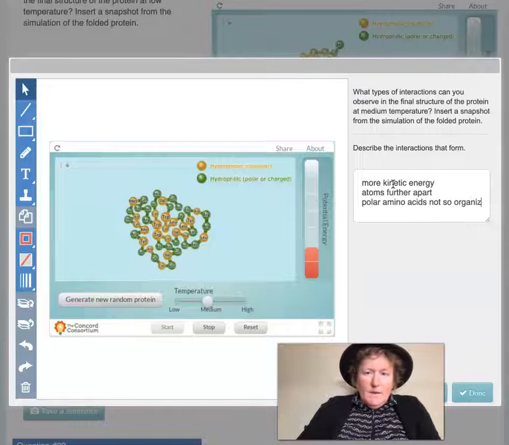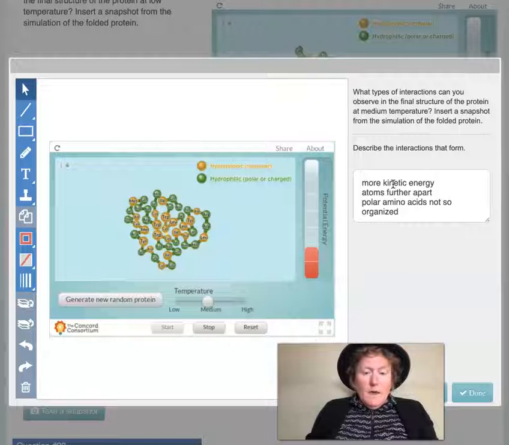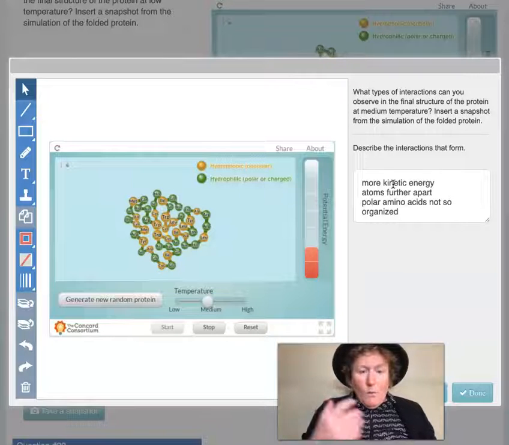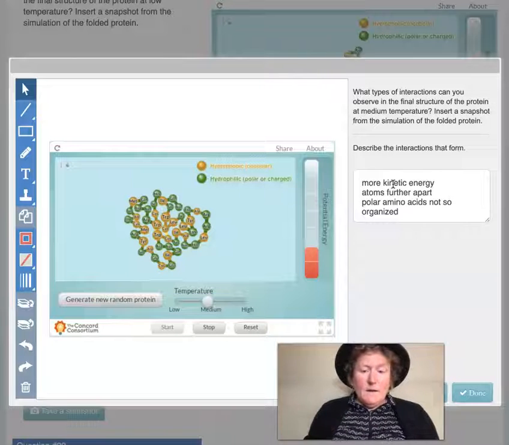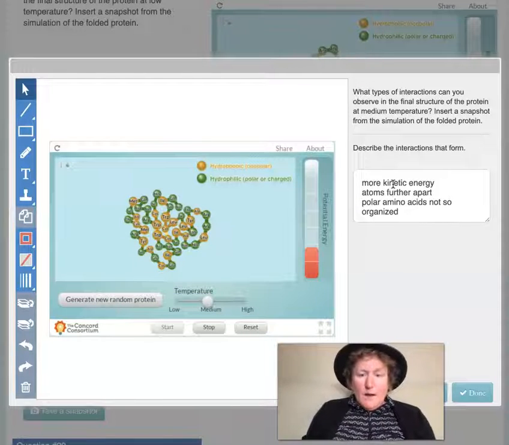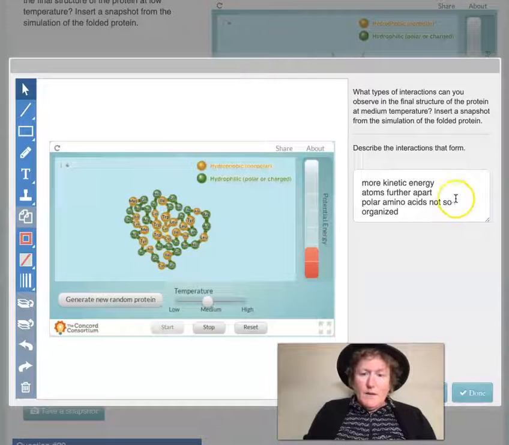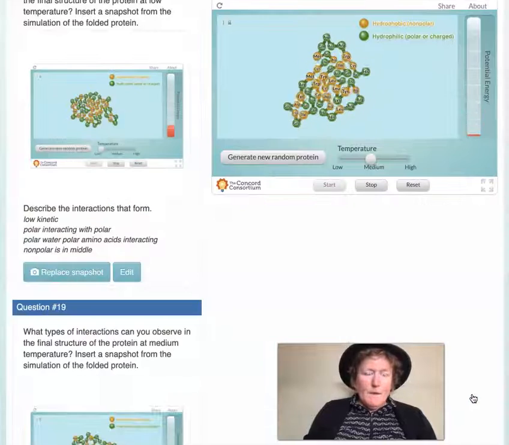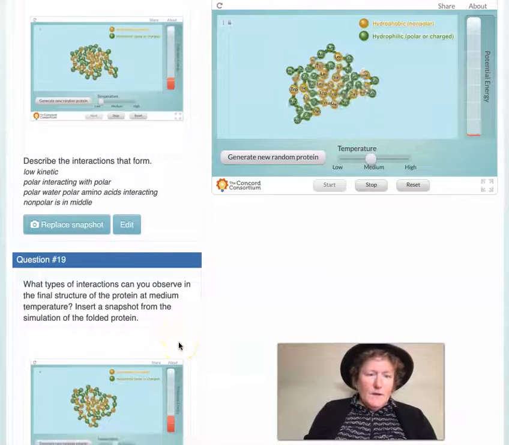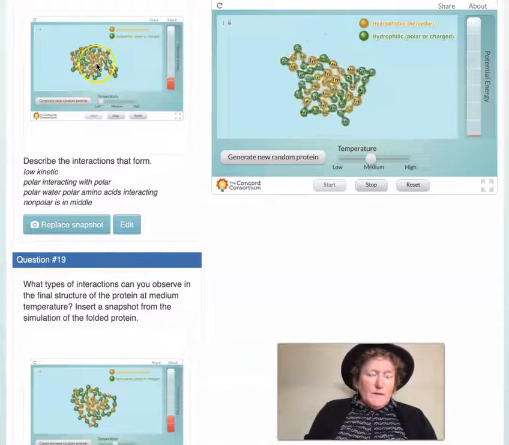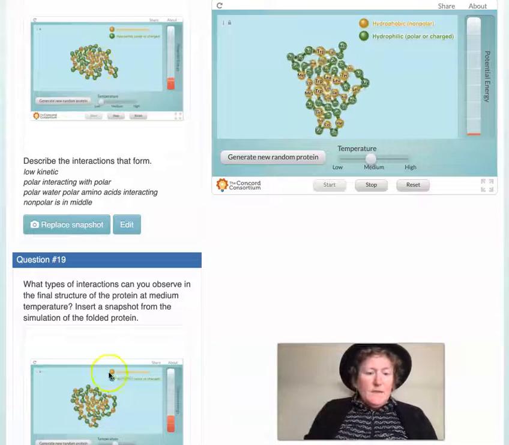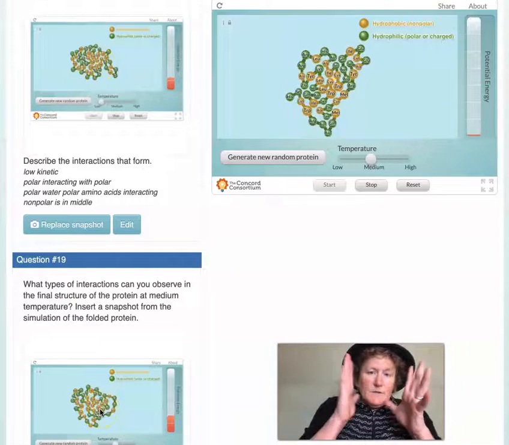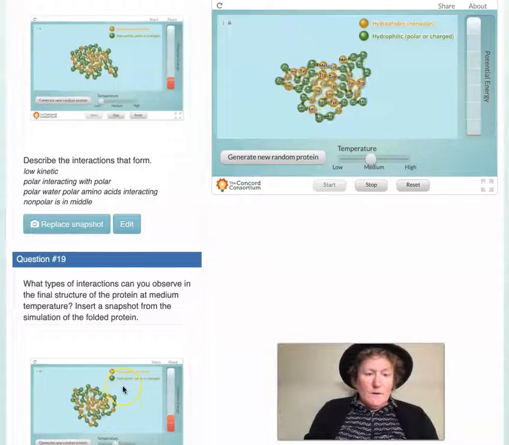They might not be interacting as much with each other or with the water as they are in the lower temperature molecule, if you look at the snapshot of the protein at a lower temperature, because there's less kinetic energy. We can see this is pretty organized and everything's pretty tight, and this is looser. Those connections aren't as close to each other.